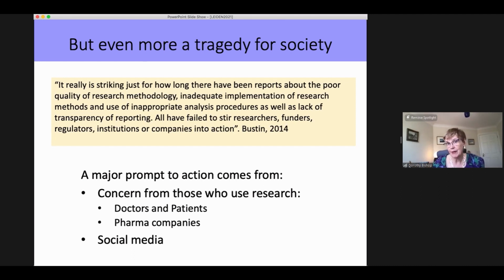But the other big thing that's changed is the advent of social media, and these issues are greatly discussed on social media. And again, it comes back to these early career researchers who have had their fingers burned trying to do good science, only to find that all the things that they were hoping to work on are not really very solid. And I think those influences now have combined to mean that we're in a much better position to tackle this.